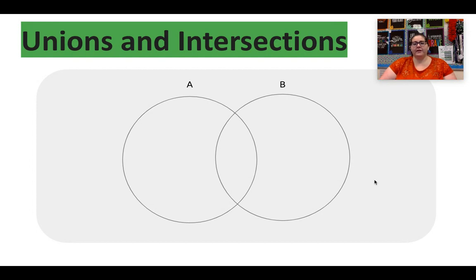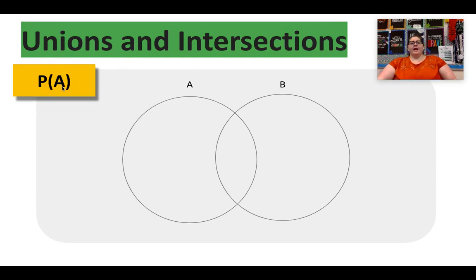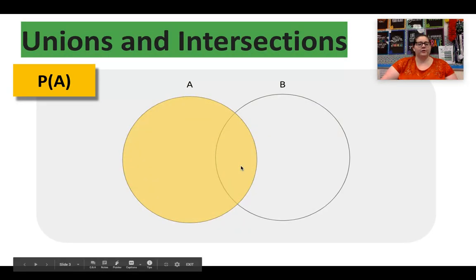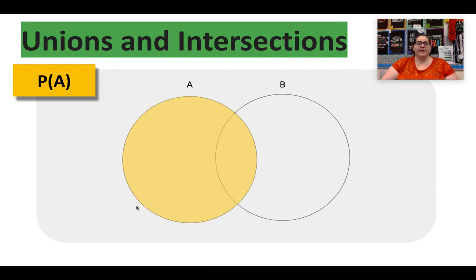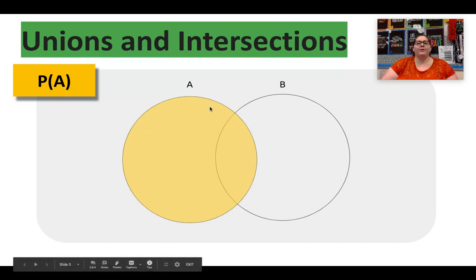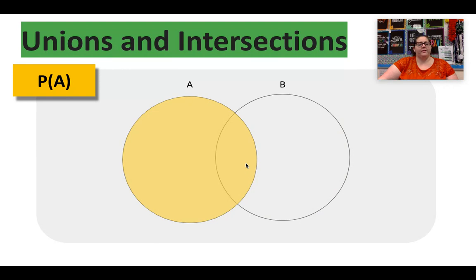So we're going to start with looking at some basic symbols and probability notation and talking about what that would visually look like on the Venn diagram that we have here. So probability of A would include everything in the A circle, even the part where it's overlapping with B. That probability of A, when we say that in statistics, we're talking about the entire probability of A. So not just A, but anywhere where A is occurring, even where it's overlapping with another event.